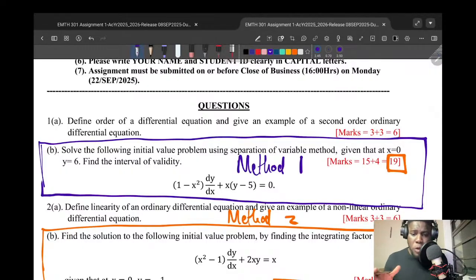If you maximize on the things you do know, make sure you can solve all the differential equations, come rain, come sunshine, come thunder. If you're able to solve all the differential equations, you're fine.